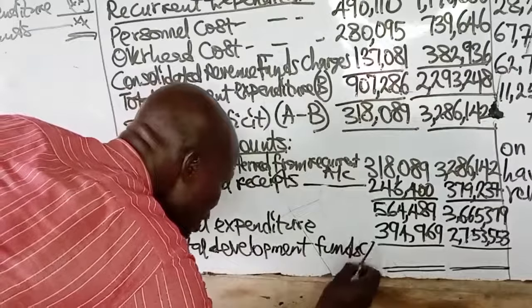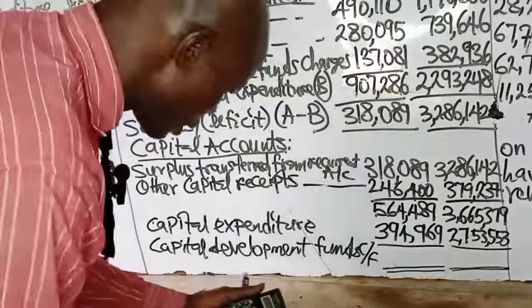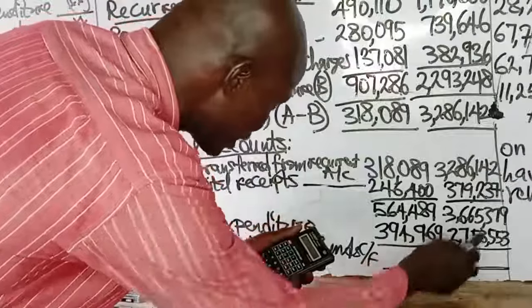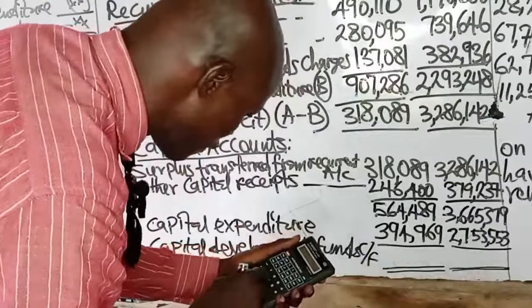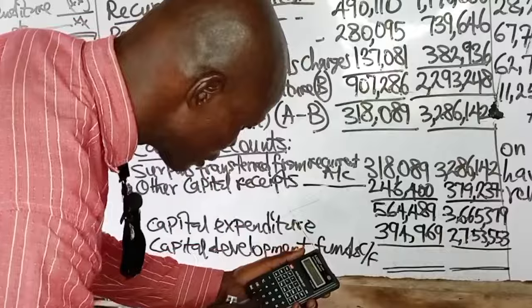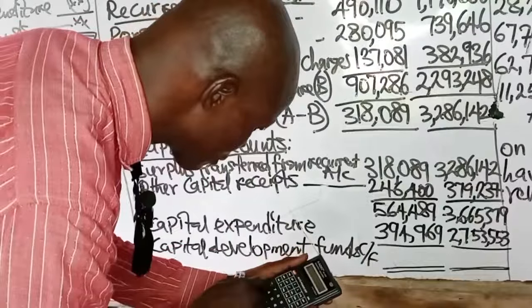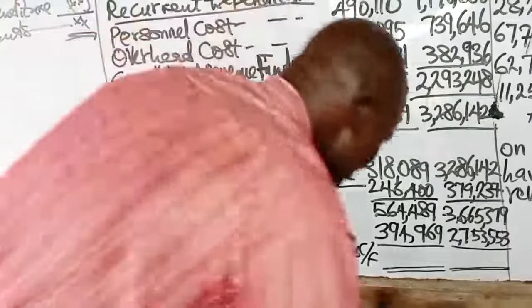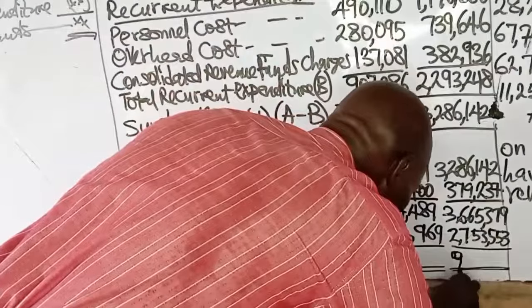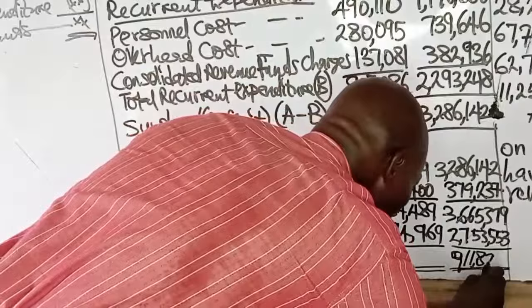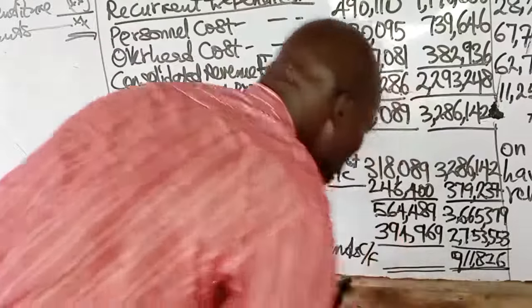Since capital account is a development funds account, we have for 2018, 3,665,379 minus 2,753,553. Then you have the balance of 911,826. That is the balance for 2018.